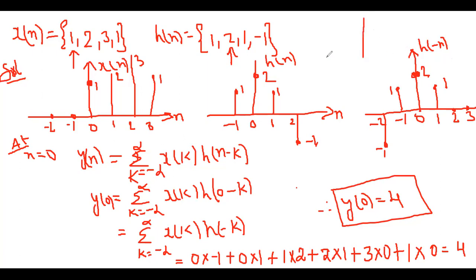The h of minus 1 minus k: towards the left side. So 1 will be at 0, 0 will be at minus 1, and minus 1 will be at minus 2, and minus 2 will be at minus 3. So it starts at minus 3. That minus 3 is minus 1, and minus 2 is 1. Minus 1 is a 2.